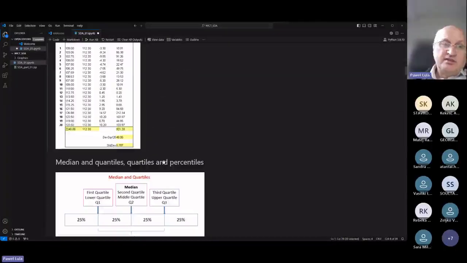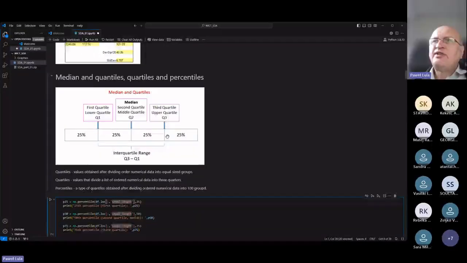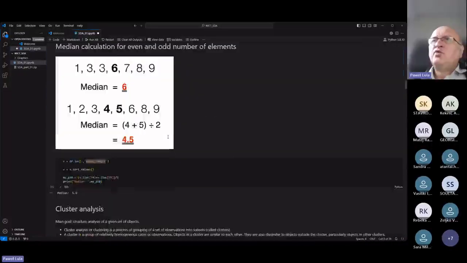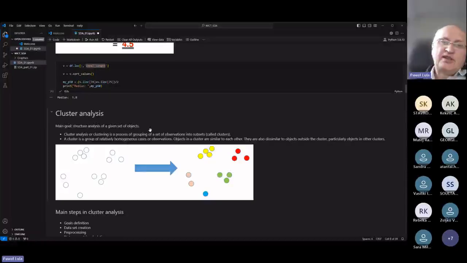After these very simple remarks about descriptive statistics, I'm going to move to, I think, our main topic for today, cluster analysis. As I said before, cluster analysis is a set of methods which we can use when we are going to analyze and describe relationships between objects.